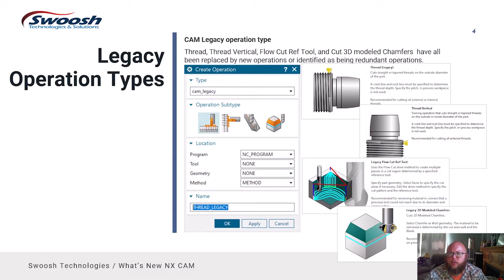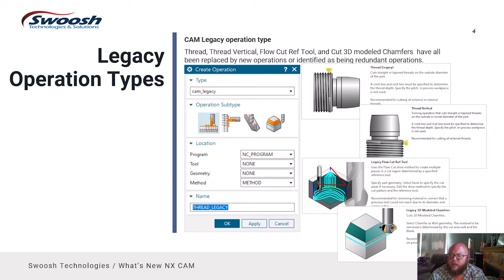You'll see we have a new operation type, cam_legacy, and really what this is, is just a bucket where we're placing some of our legacy operations. In this case, the first two are legacy operations for threading and vertical threading, as well as our flow cut reference tool operation. These particular operations have new replacements that we'll discuss here in a little bit.